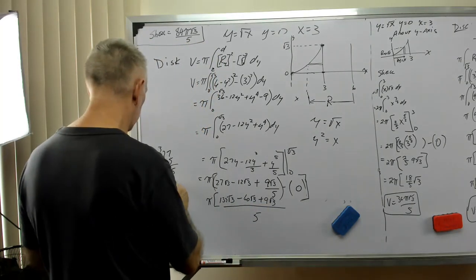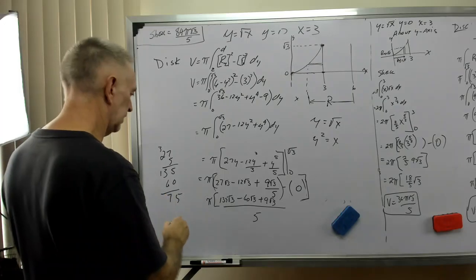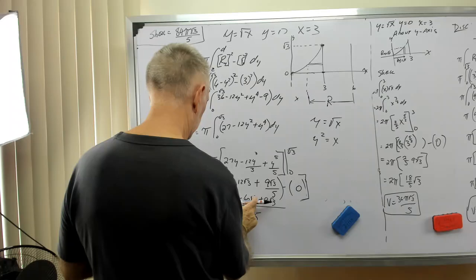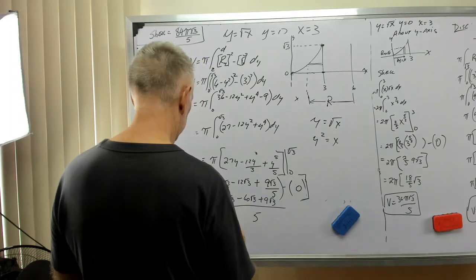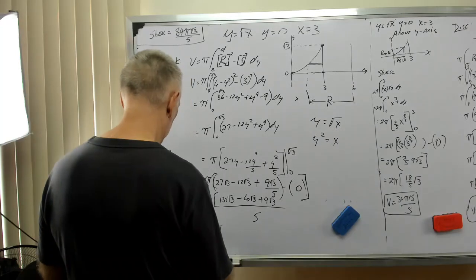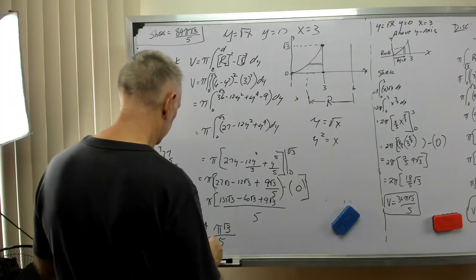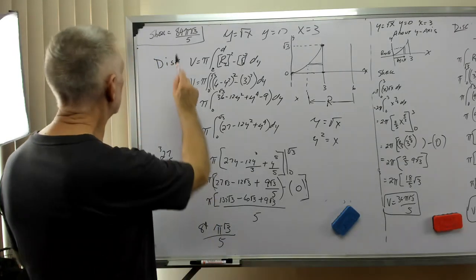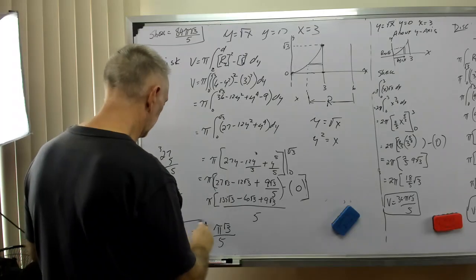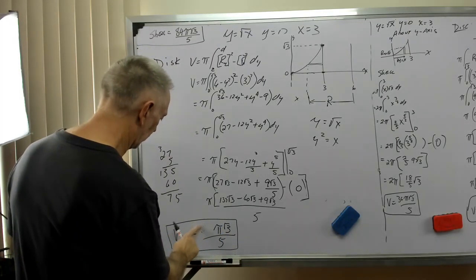So 135 minus 60 is 75. So I've got 75 square root 3 plus 9 gives me 84. 84 pi square root 3 over 5. Hey, so that's what my volume equals.